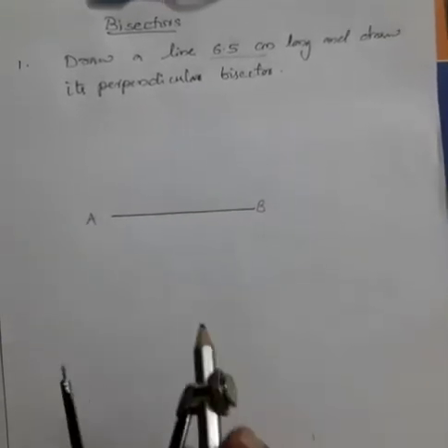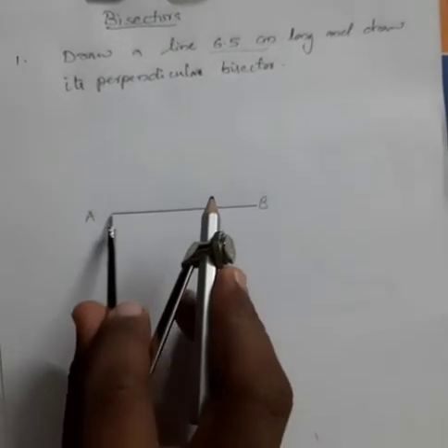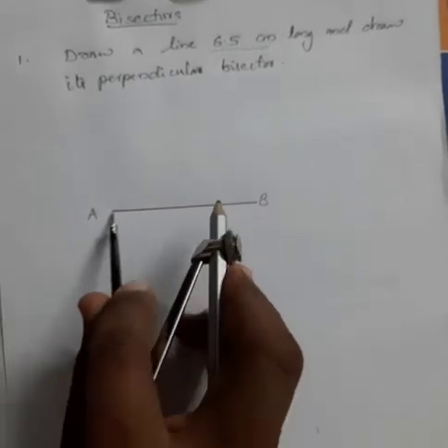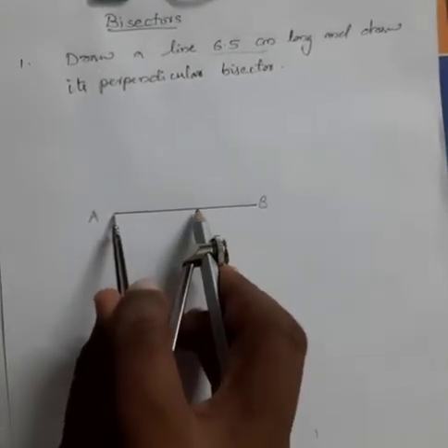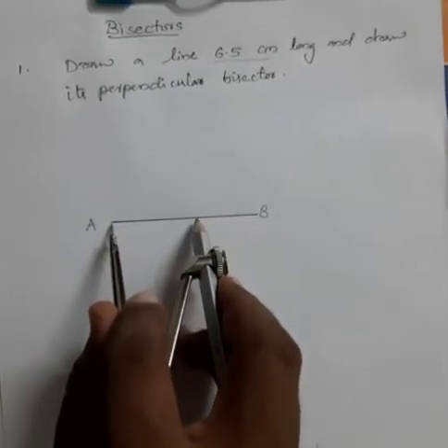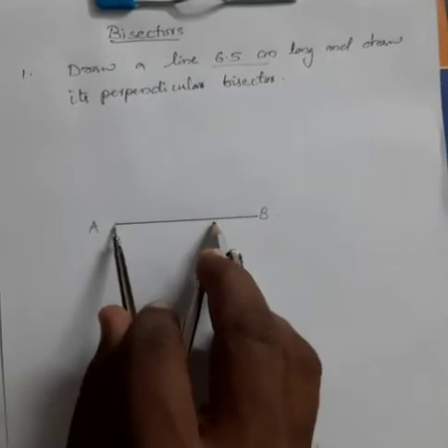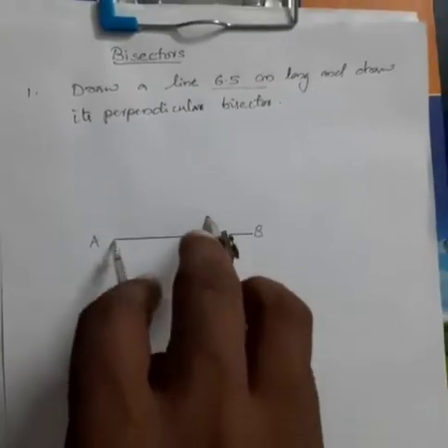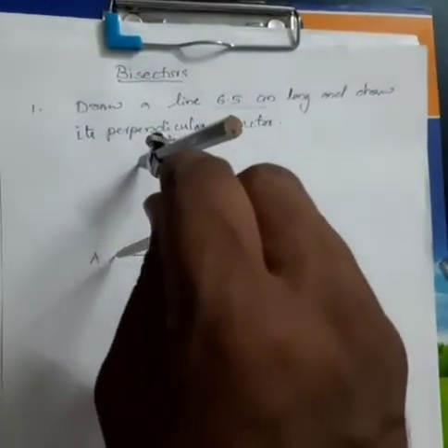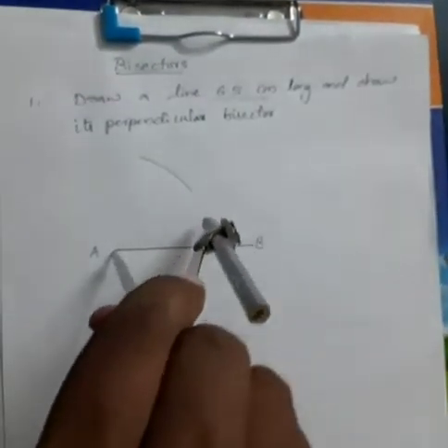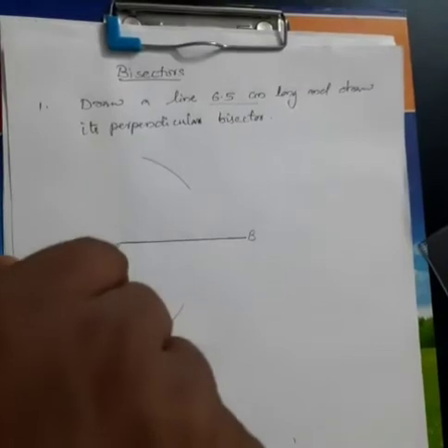So take your compass, then you take more than half of the length. More than half you can take it like this. So then from A, draw an arc on both sides.